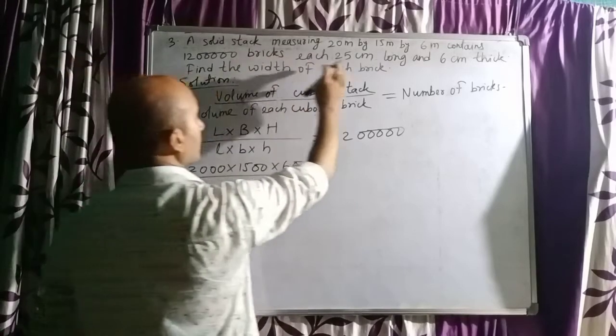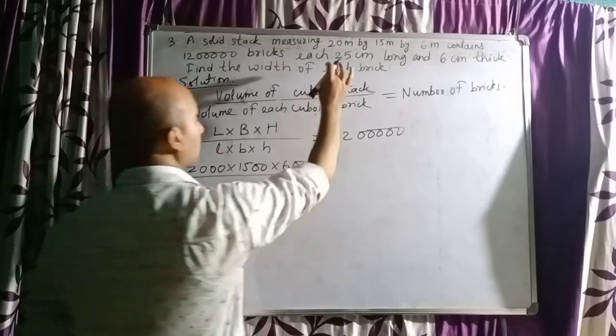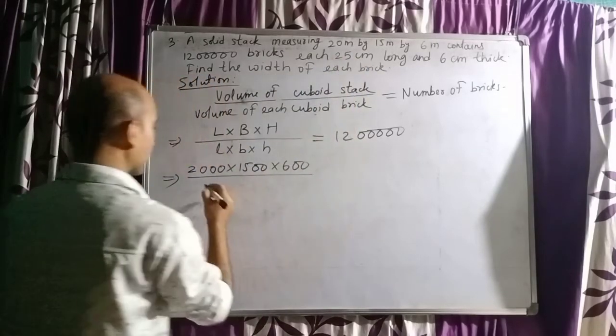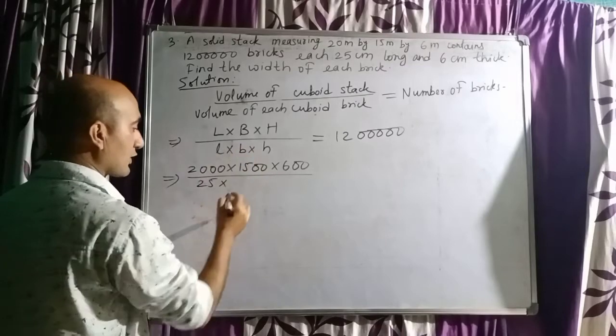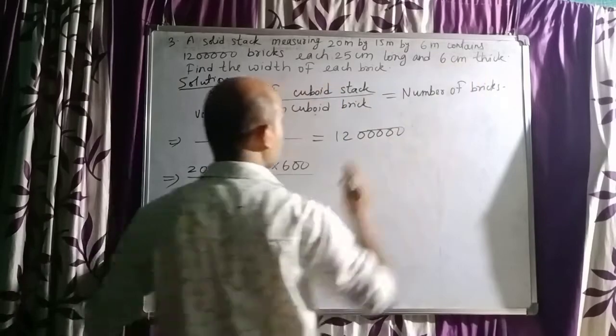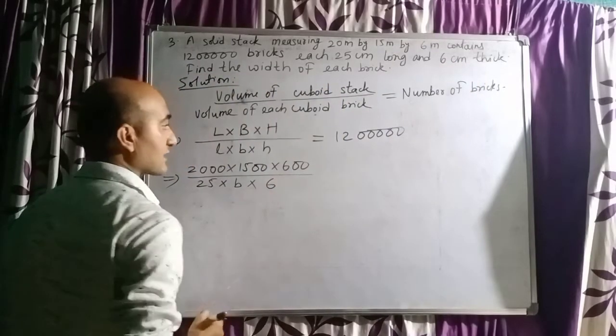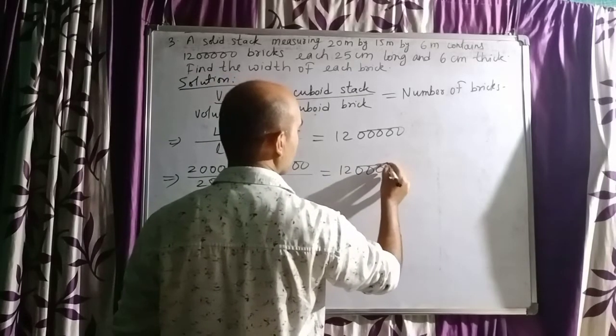But for the bricks, all the units are in centimeter, so we will not change them, we will keep them the same. So 25 is our length, write 25. Breadth of the brick is not given, so write breadth only. But height means width is given as 6, so write 6 only.